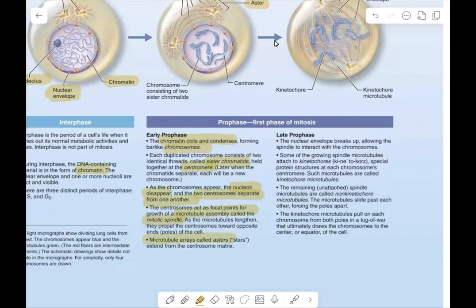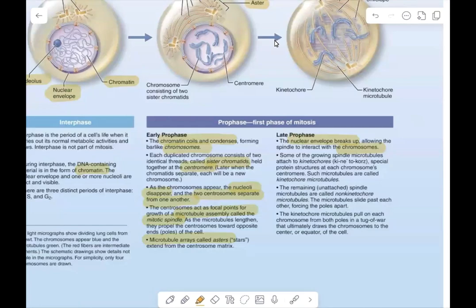Later on in prophase, the nuclear envelope starts to break up, allowing it to interact with the chromosomes. And the remaining spindle microtubules now are going to be where the chromosomes scatter to.